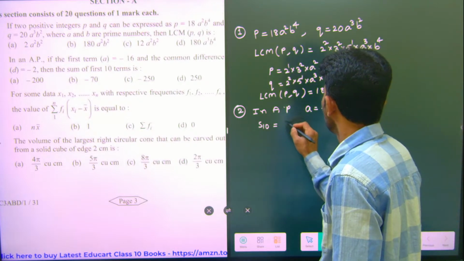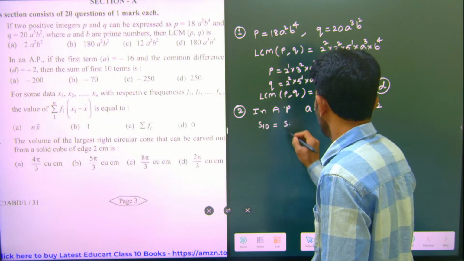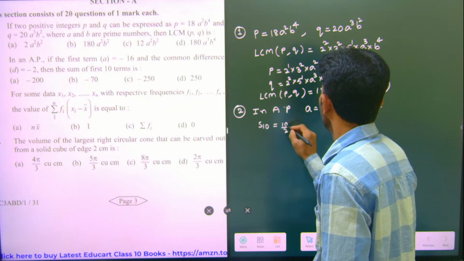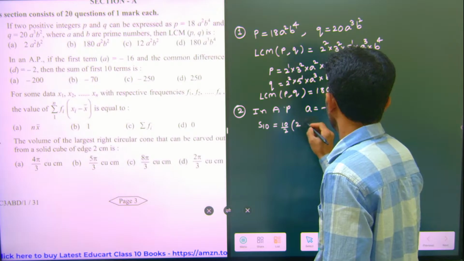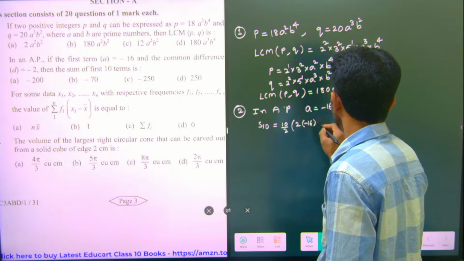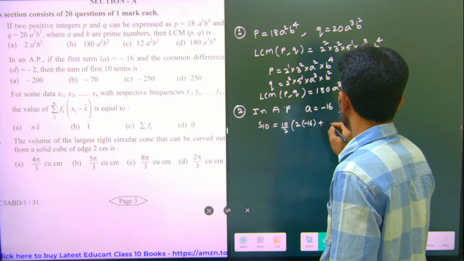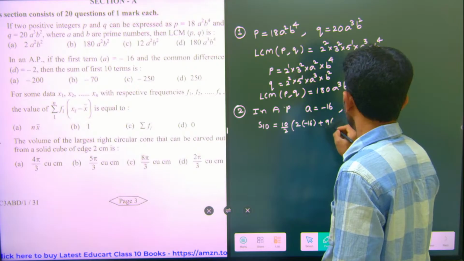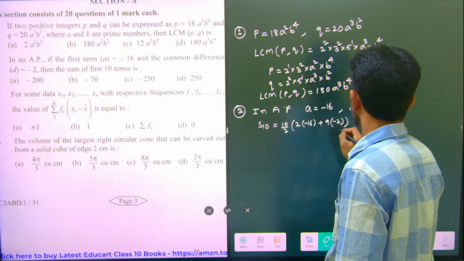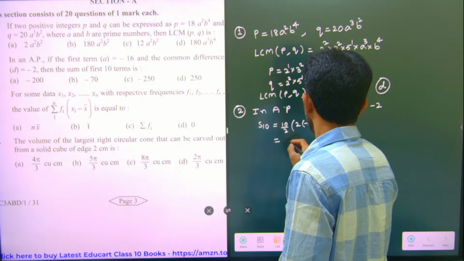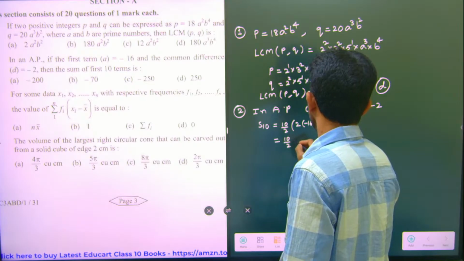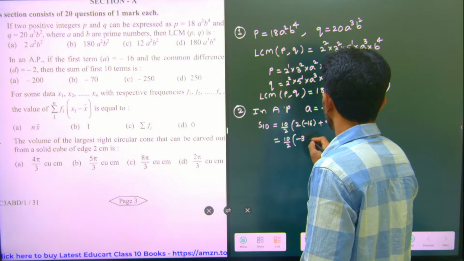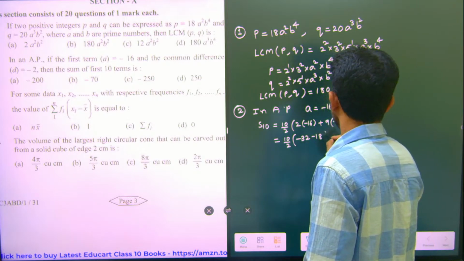We can find S10 by using the S10 formula. S10 is equal to 10 by 2 into 2A, A is 2 into minus 16, plus n minus 1 into D. N minus 1 is 9 because 10 minus 1 is 9. 9 into D, D is minus 2. So that is going to be 10 by 2 into 2 into minus 16, minus 32, minus 18.